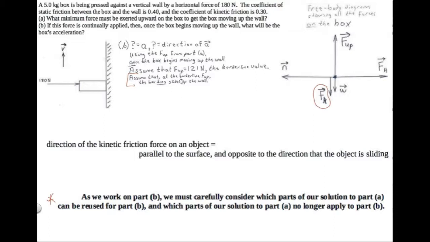When an object is sliding along a surface, we apply kinetic friction, not static friction. In part B, we're assuming that the box is sliding up the wall. So for part B, the kinetic friction to oppose that should point parallel to and down the wall. There's no reason to make any other changes for any of the other forces in the free body diagram for part B.